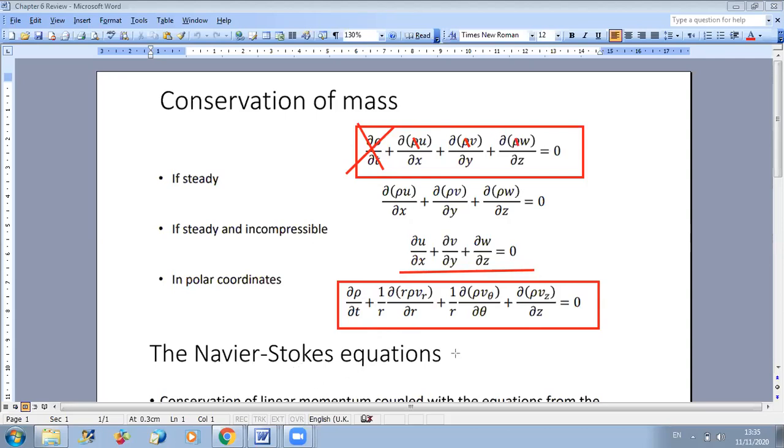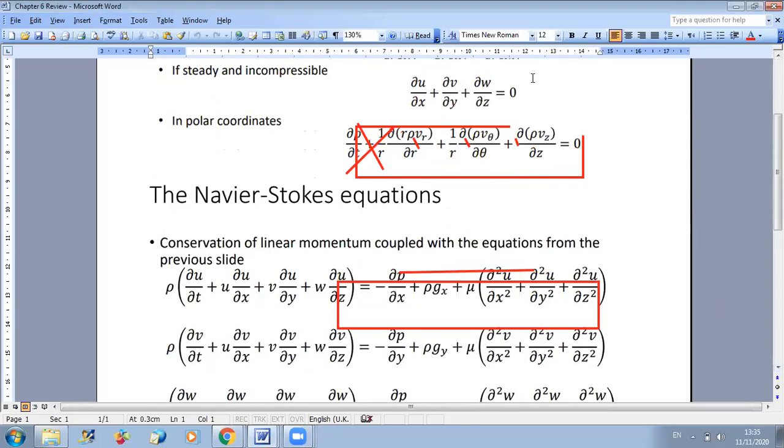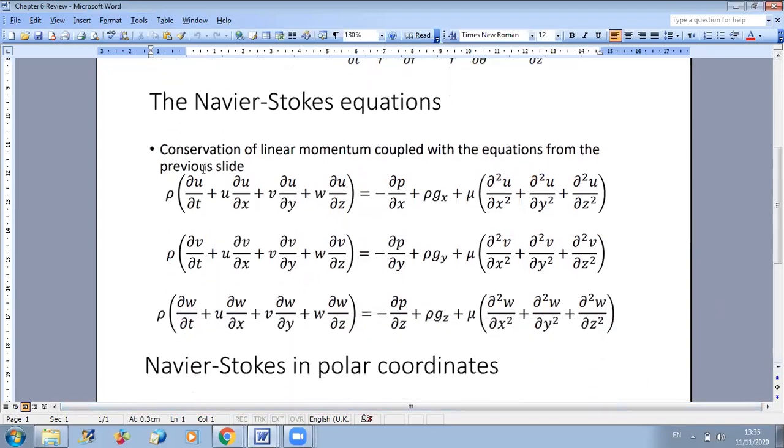Now, the Navier-Stokes equation is the application of linear momentum on the small fluid element, okay? You can see here that they seem very complex, but when you do problems, it's simple, because in problems a lot of terms will be simplified. From this side, you have the forces. This term is for pressure forces.